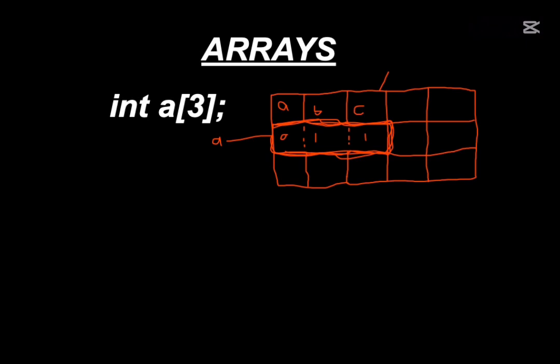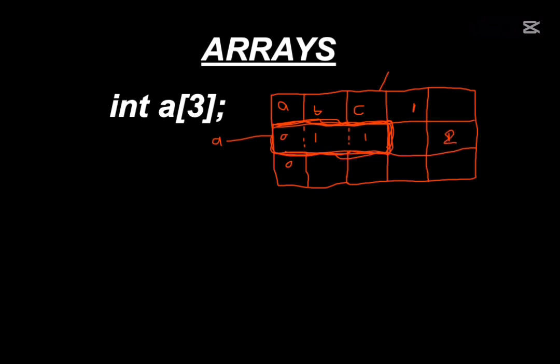Here, I'm trying to make a block of memory, and this block of memory has to be next to each other. There's no way you make an array and your first element is here, then I put the second one here, and the next one is there.